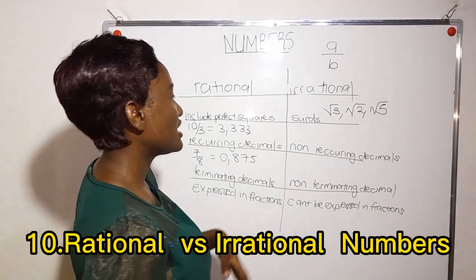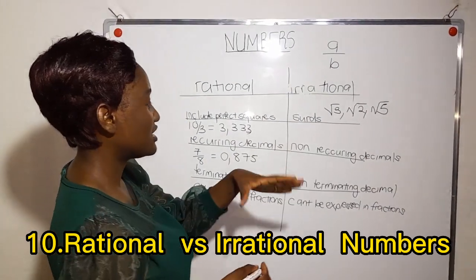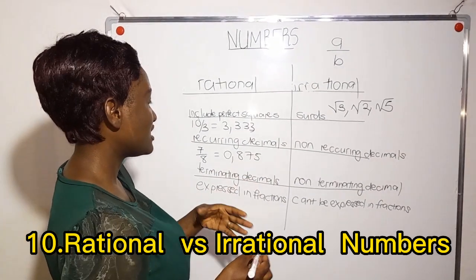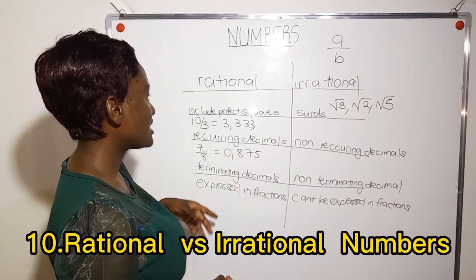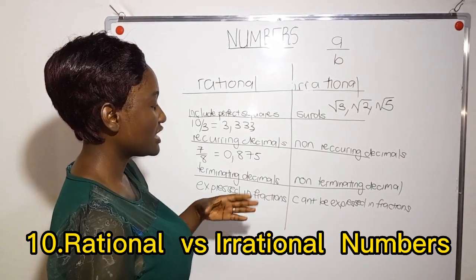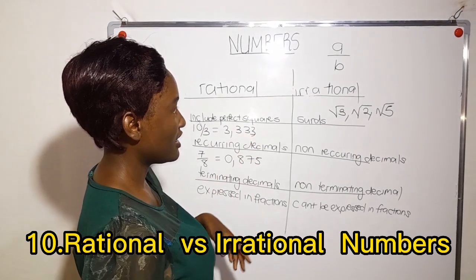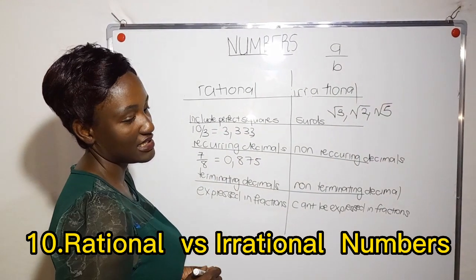For example, if we punch root of 3, we are going to get a continuous decimal that does not terminate. And lastly, rational numbers can be expressed as fractions, while irrational numbers cannot be expressed as fractions.